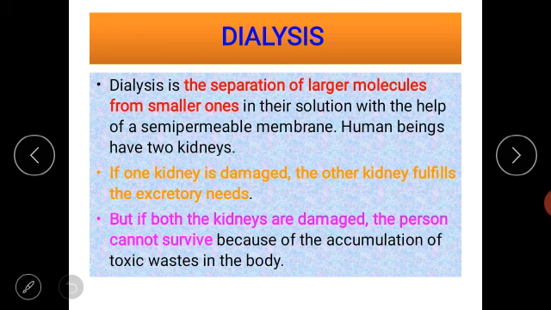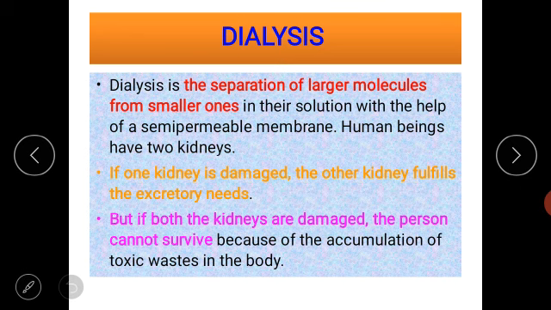Next point is dialysis. Dialysis is the separation of larger molecules from smaller ones in their solution with the help of a semi-permeable membrane. Human beings have two kidneys. Dialysis is actually a machine which filters the blood and all the waste is removed from the blood.